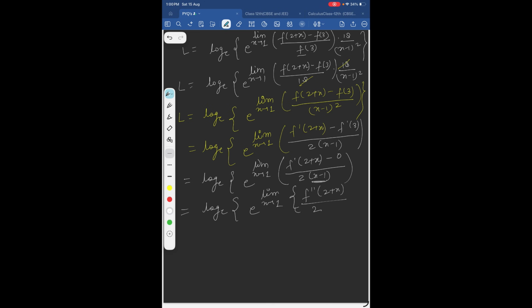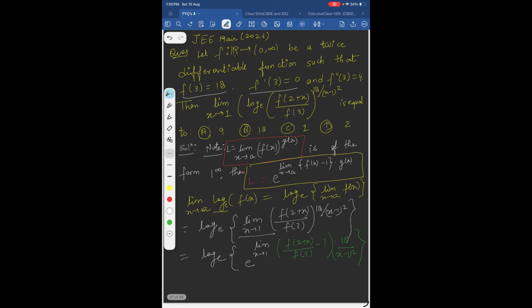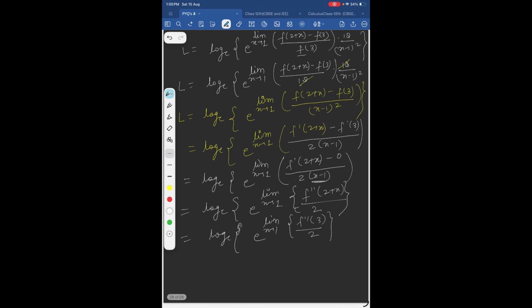Now we can substitute: log base e power limit x tends to 1 of f''(3) divided by 2. f''(3) is already given as 4, so 4 upon 2, this is 2, a constant function, no change in limit.